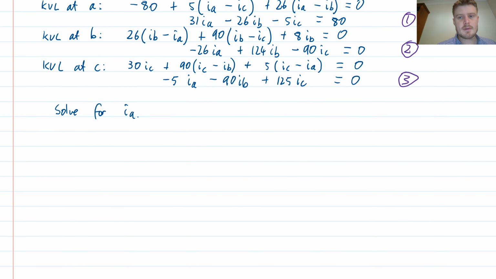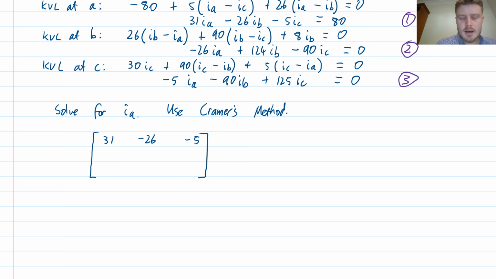So let's go ahead and formulate this as a matrix. I will use Cramer's method. Writing this system as a matrix, here is what I will get. Equation 1 is 31 IA minus 26 IB minus 5 IC, with IA, IB, and IC, equal to 80.